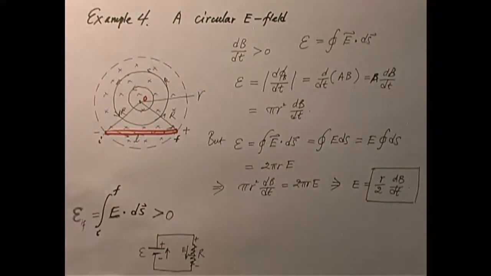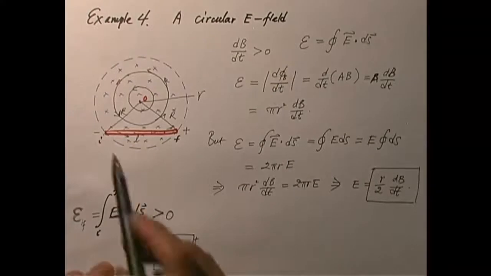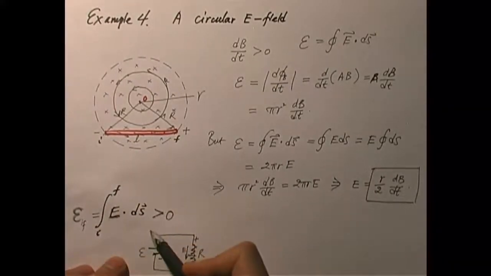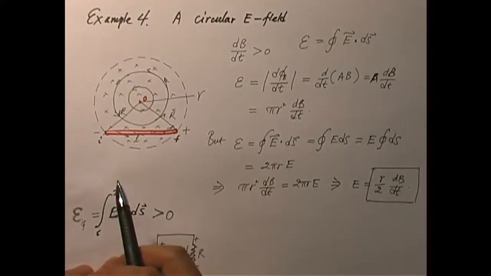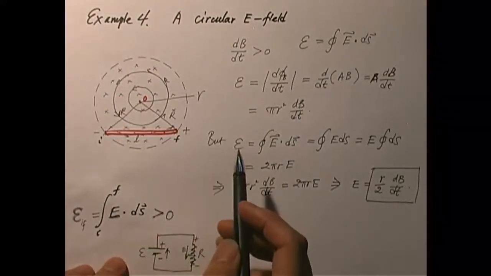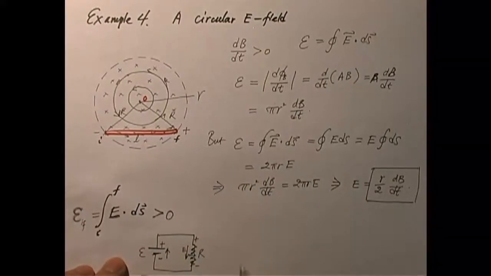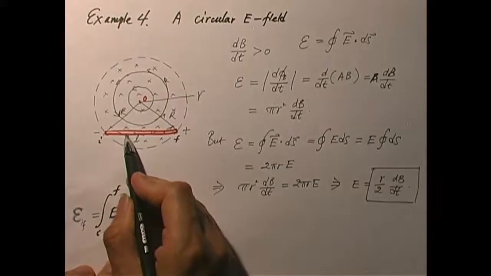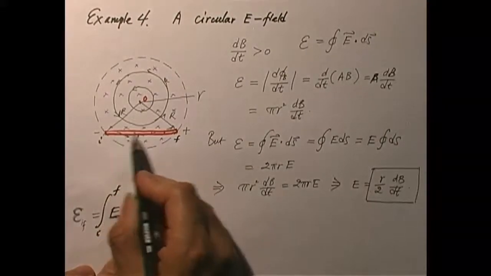Now, the next thing I want to know is, what is that EMF equal to? What is this integral equal to? Well, you can calculate it directly, but it's going to cost you some time, because between here and there, the electric field changes both in magnitude and direction. It changes from here to there.